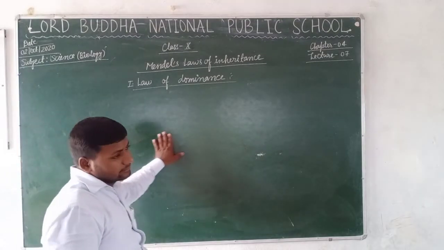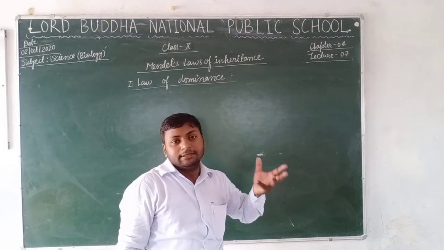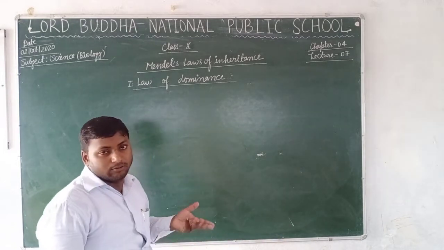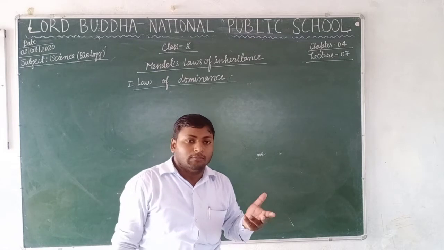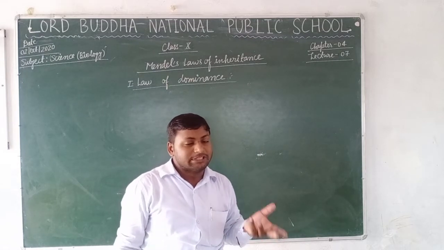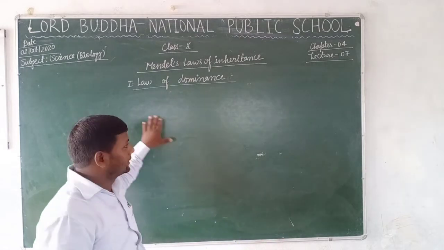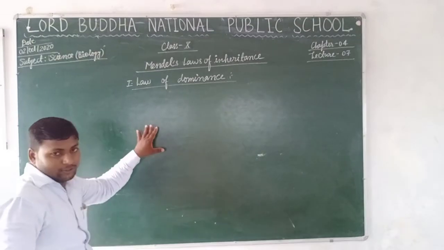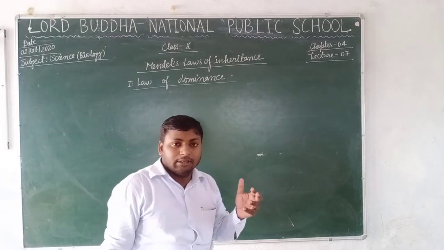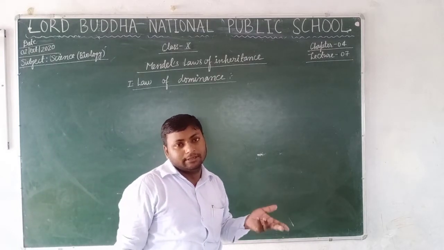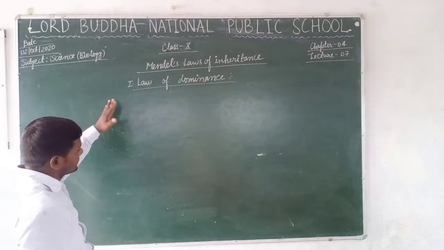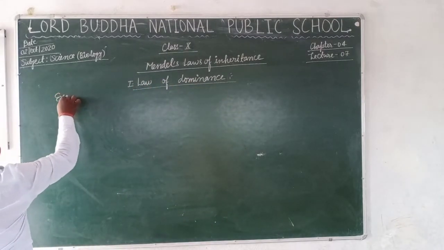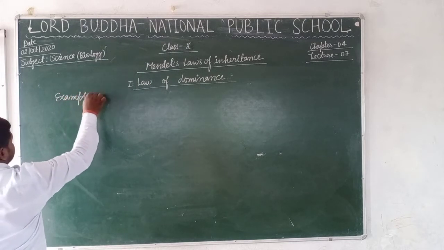The trait that appears is called dominant, while the other, which cannot appear, is called the recessive trait. The recessive trait cannot phenotypically come in appearance. This is called the law of dominance.